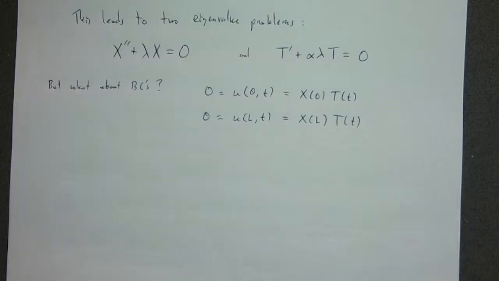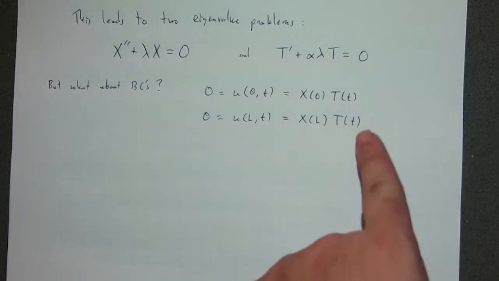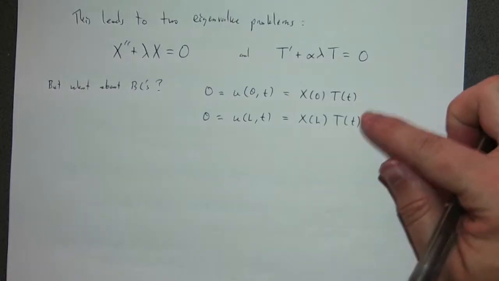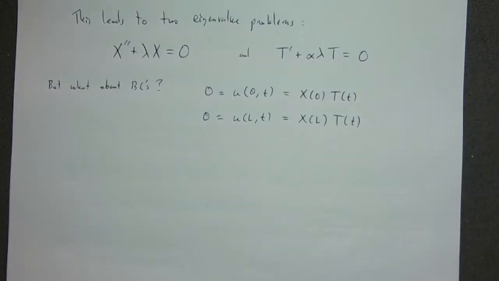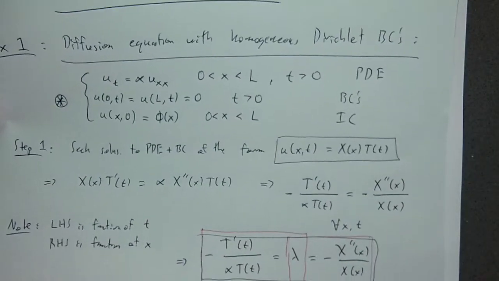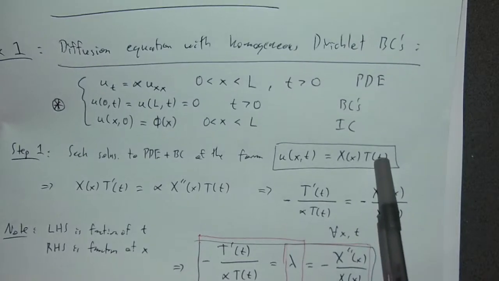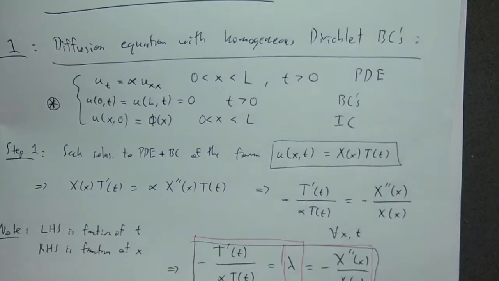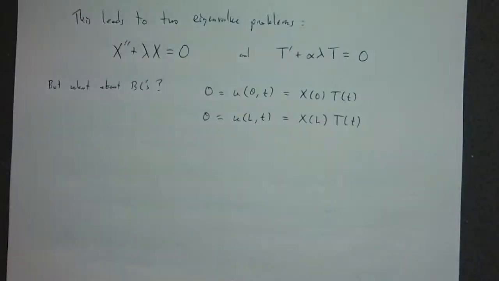Now, I don't want this t to be a constant 0 function, right? If it was a constant 0 function for all t, I would just get the 0 solution, so that's not what I want, because, of course, the solution I'm seeking looks like this. So I'm not interested in that.